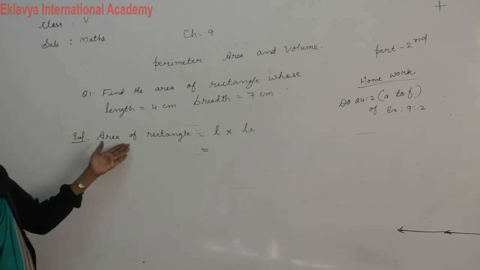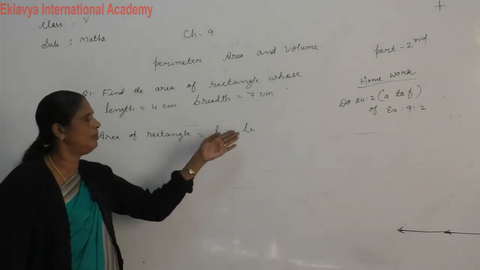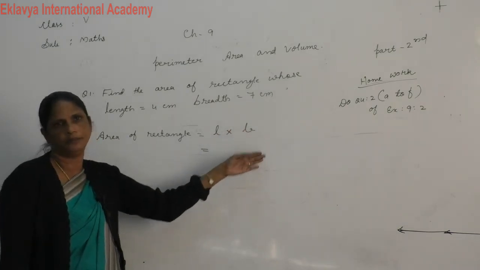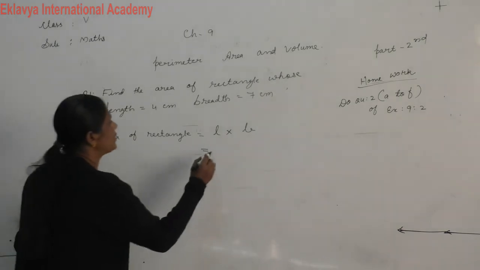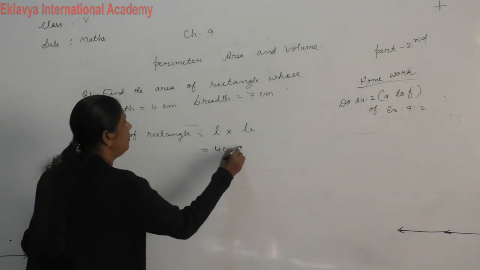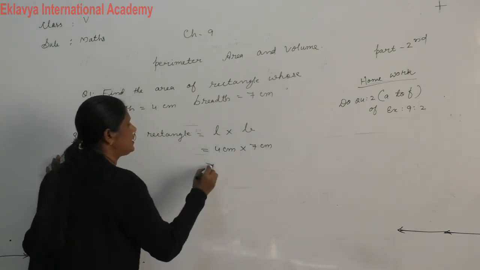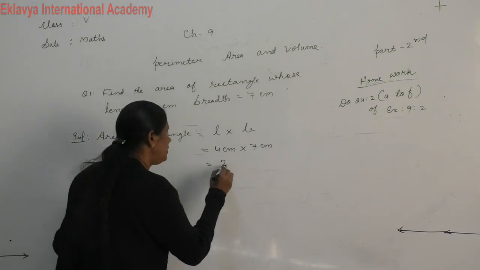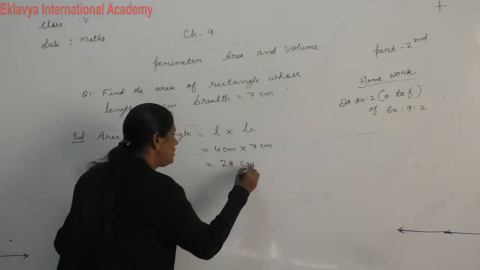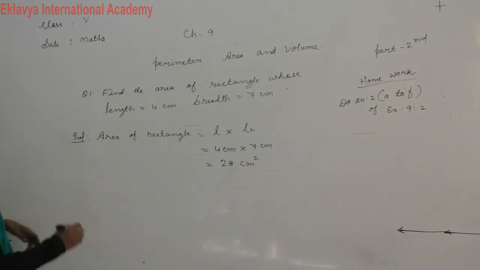Area of rectangle is equal to length multiply breadth. Then length is 4 centimeter multiply 7 centimeter is equal to 4 7s are 28, then centimeter square. Understand? Then one more question.